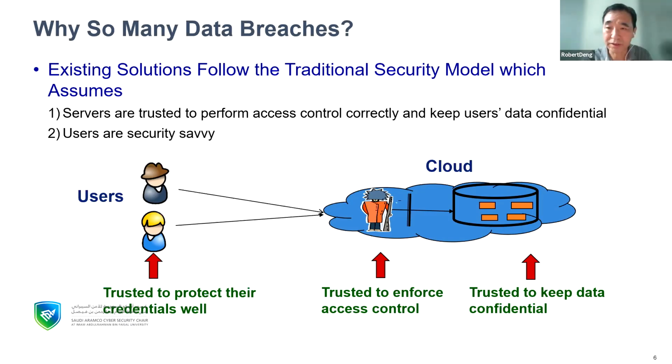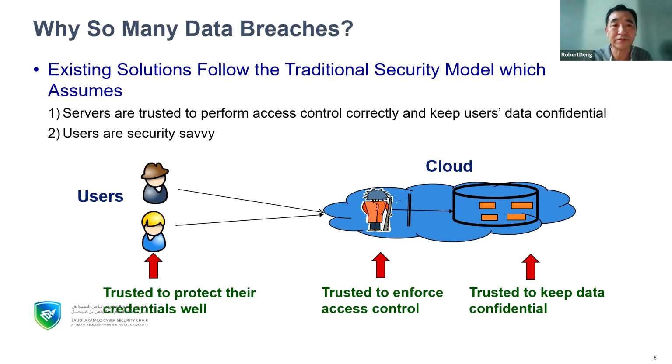So what is the traditional security model? The traditional security model is designed for enterprise information systems, for a closed information system. This security model assumes that the servers or the storage systems are totally trusted to perform access control correctly and to keep your data confidential.